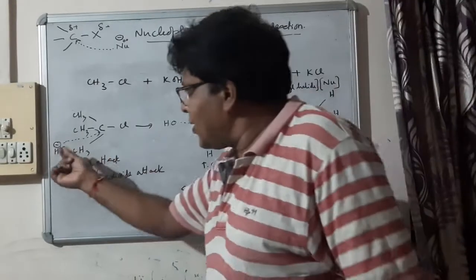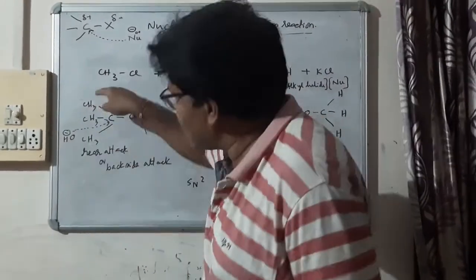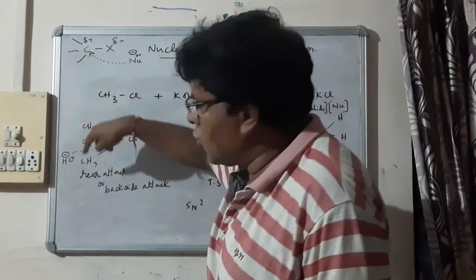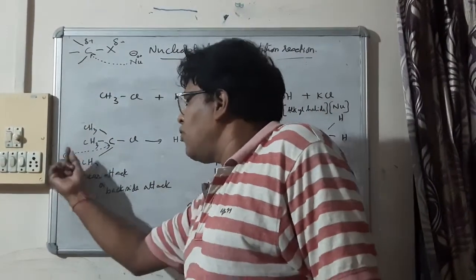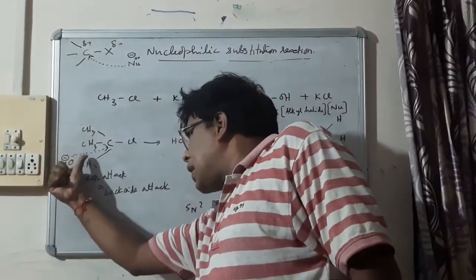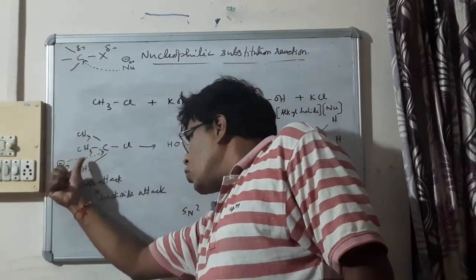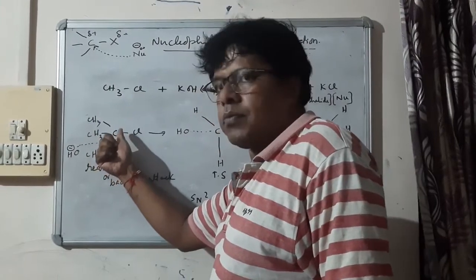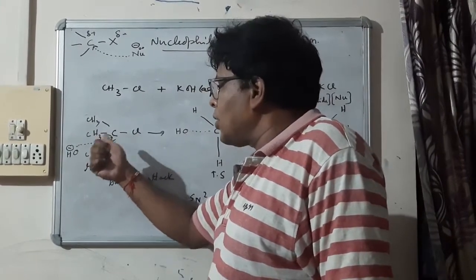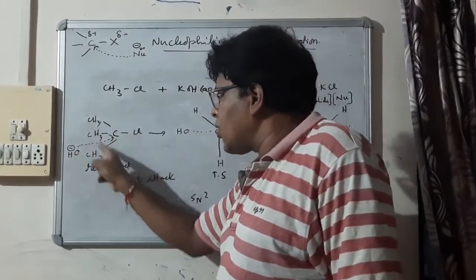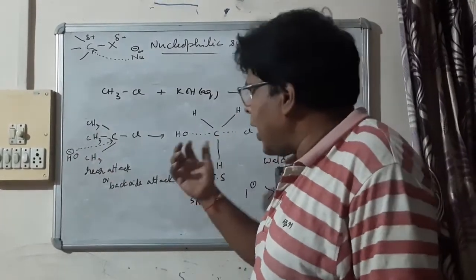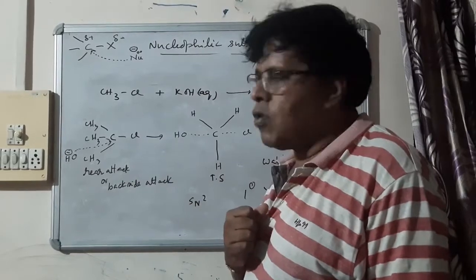Now, since these are bulky groups, this nucleophile will not get the required space to enter and hit this carbon atom. That's why, in the case of a 3 degree compound, hardly any SN2 process will be followed.